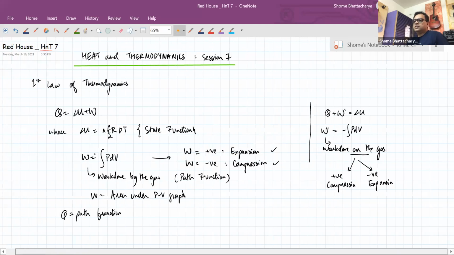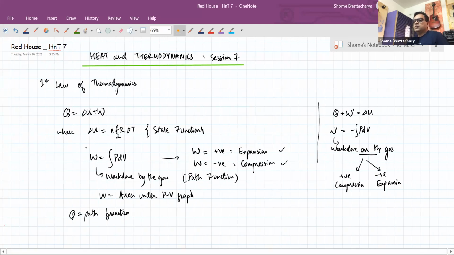So now keeping in mind that this definition of work done is applicable to a certain type of process, and that type of process is one where the pressure is uniform throughout the volume of the gas. That happens in a situation where you can describe the work done as integration PdV, or area under the PV graph, only when we are talking about a particular type of process, which is a quasi-static process. That means almost static.